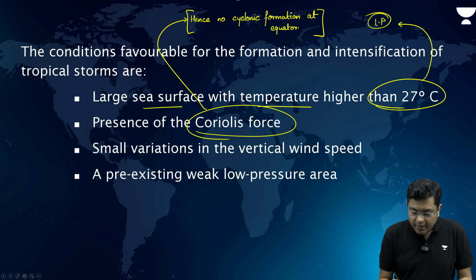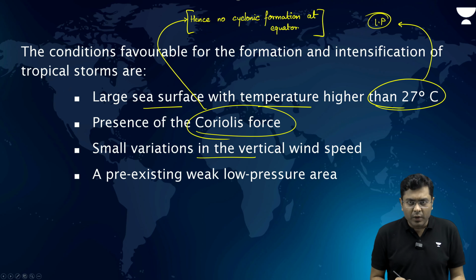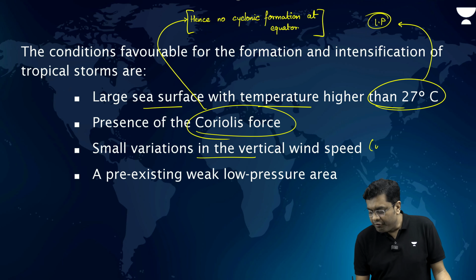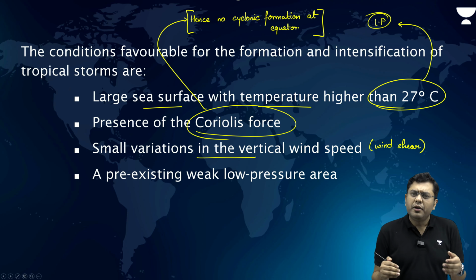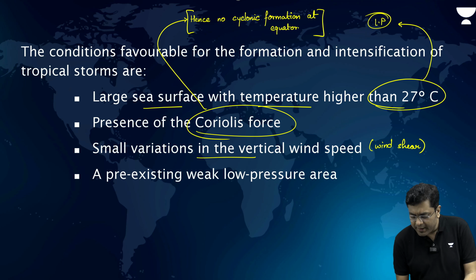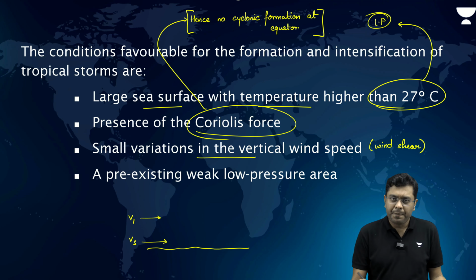Then, small variation in the vertical wind speed, what is also known as wind shear. What does that mean? It basically tells you that when you have wind movement at the surface and at an upper elevation, let's suppose we consider the velocity of wind at the surface as Vs and here the velocity as V1.